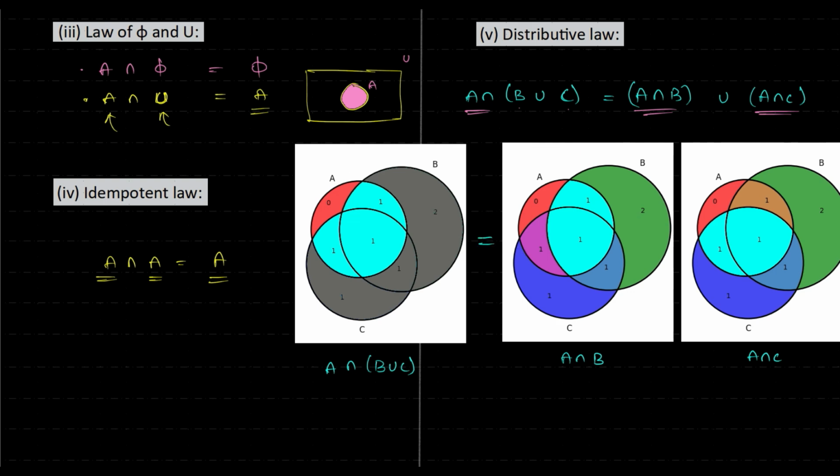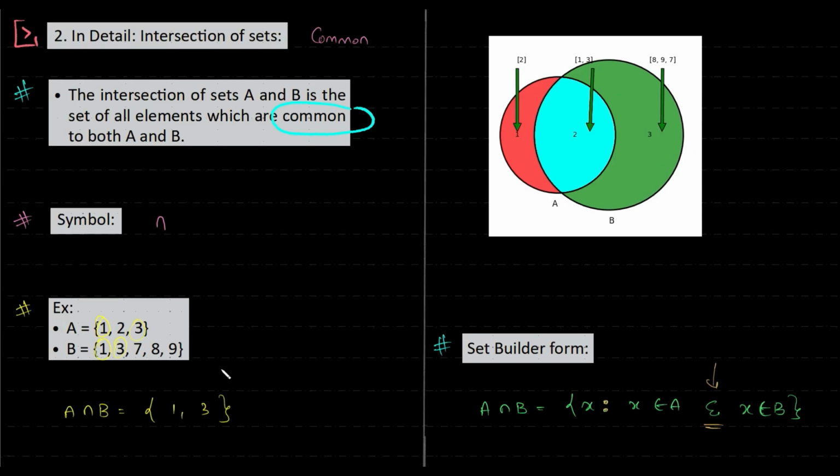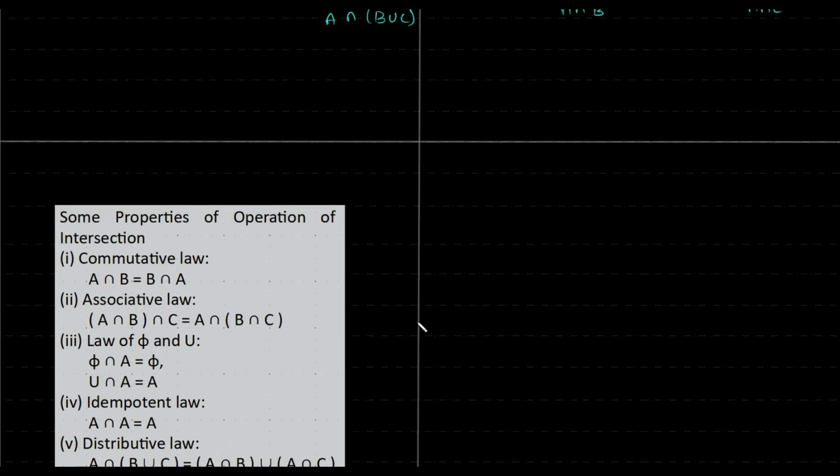The union between them will give us the same answer. Agree? So that would be your distributive law. I guess you guys can copy from here, and I have summarized all of this over here.